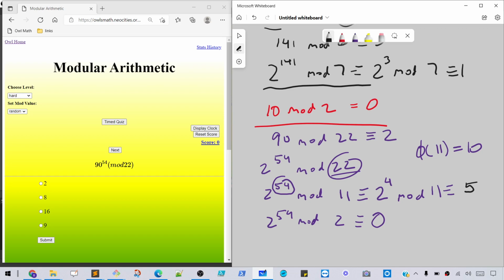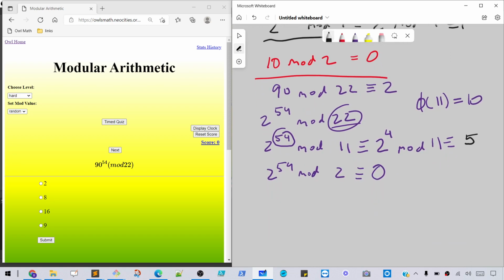Okay, so technically you could use the Chinese remainder theorem, but that's a little too much work for this case. We just want numbers that are 5 mod 11 and 0 mod 2. If we look at 5 mod 11, there are only a couple of items going up to 22. It's really just 5 and 16 that are 5 mod 11, right?